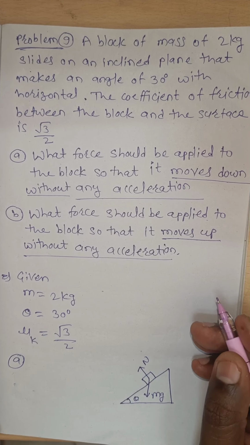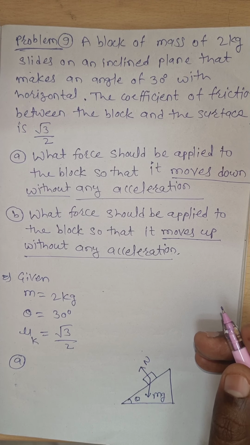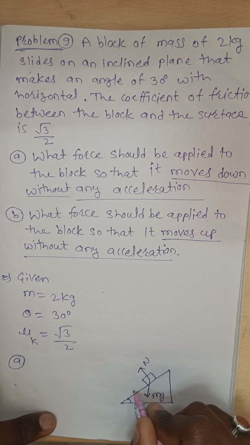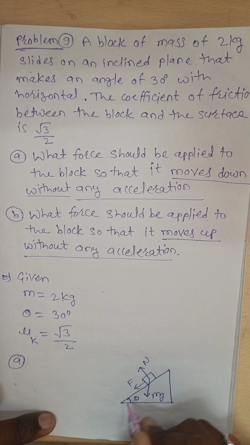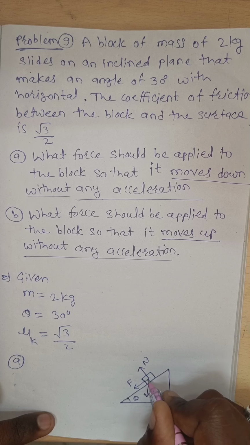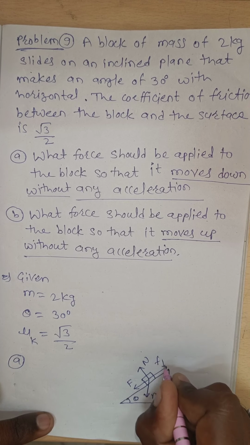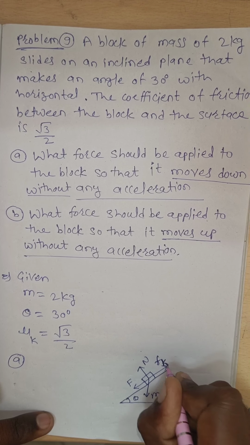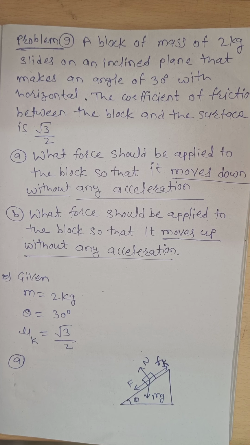And we have to apply a force so that the object moves in a downward direction, so we apply the force in that direction. And the frictional force, that is kinetic friction, is in the upward direction along the incline.